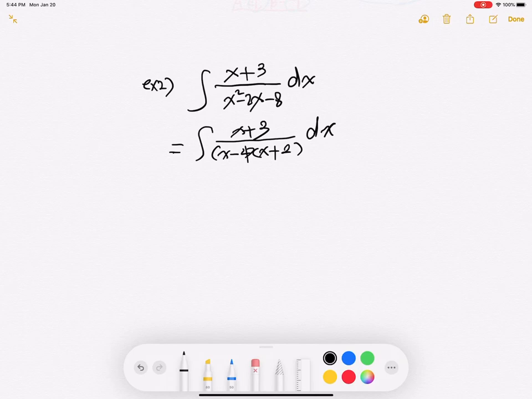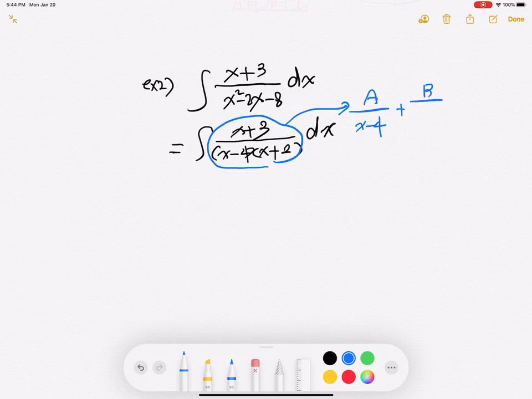Okay, now make this into two fraction forms: A over x minus 4 plus B over x plus 2. And then find A and B. How? Make a common denominator.